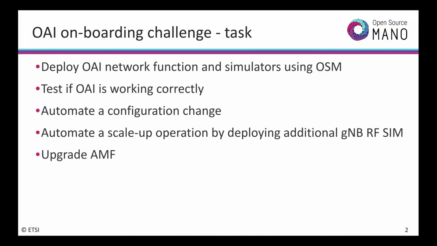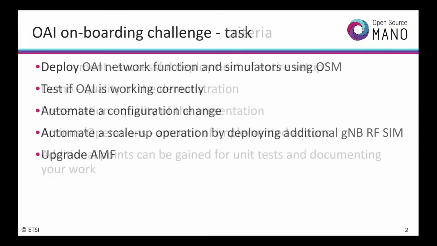The main goal of the Hackfest is the first two bullet points, so deployment and testing if it works correctly. The next three bullet points are optional, depending on how well your team manages to finish the first task, and you will get additional points for these additional automation actions.